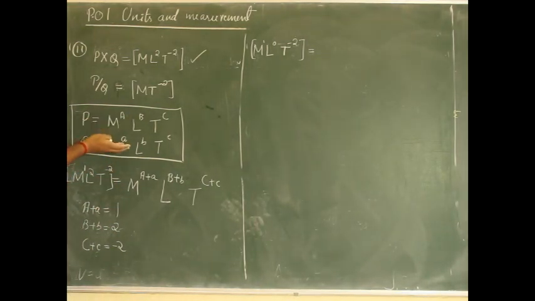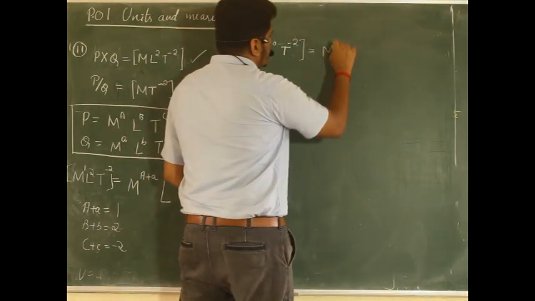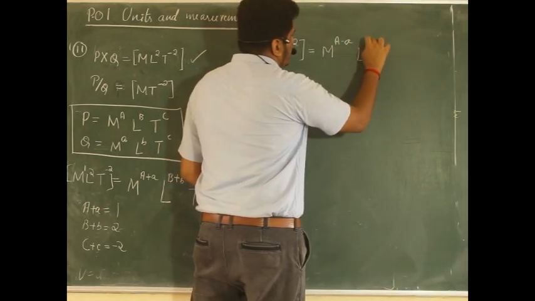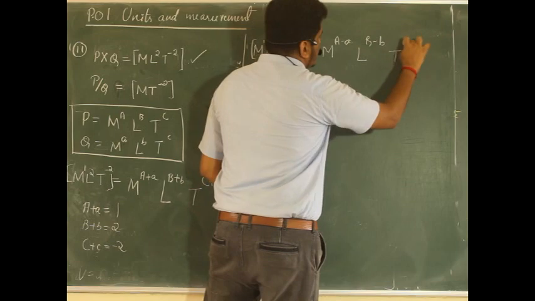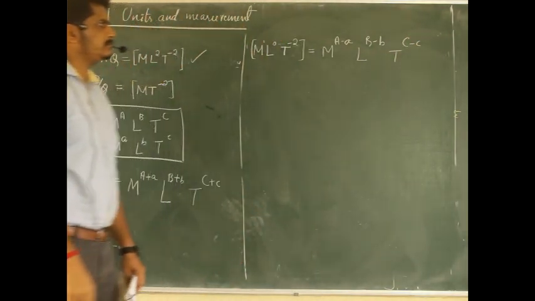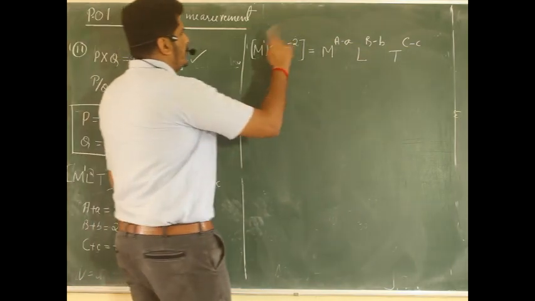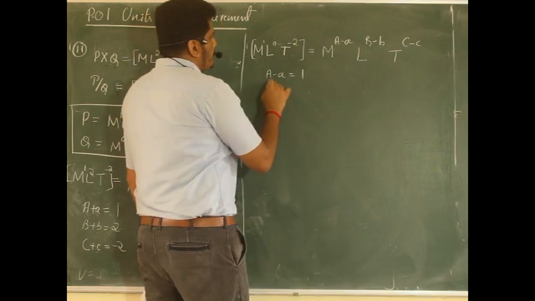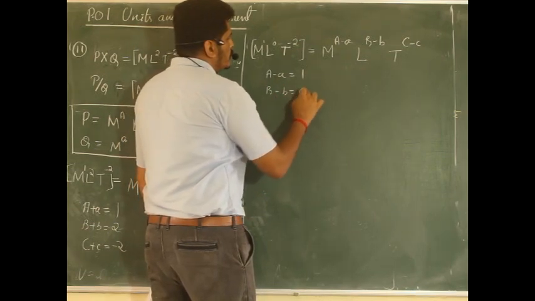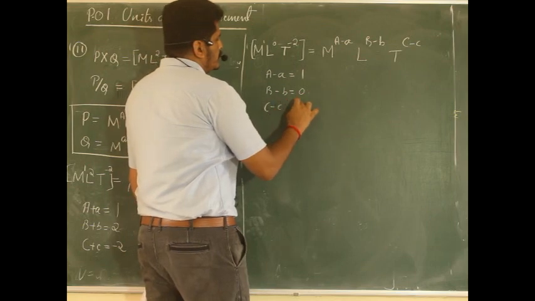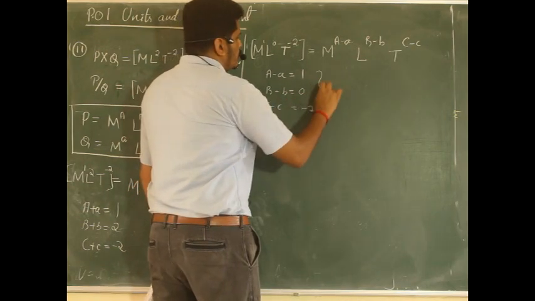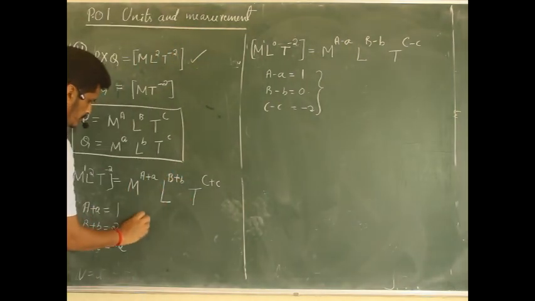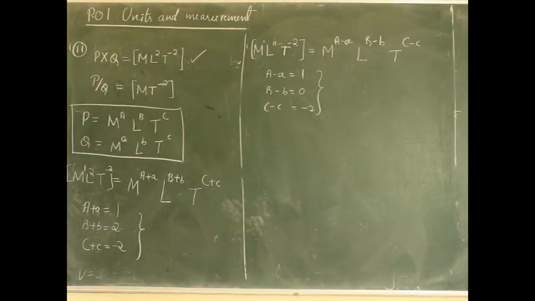So when you take the numerator, A minus a, B minus b, C minus c. Next, comparing both sides, we get A minus a is equal to 1, B minus b is equal to 0, C minus c is equal to minus 2. Here one set of equations I got, and here another set of equations I got. You could number the equations also. Okay, it's fine.